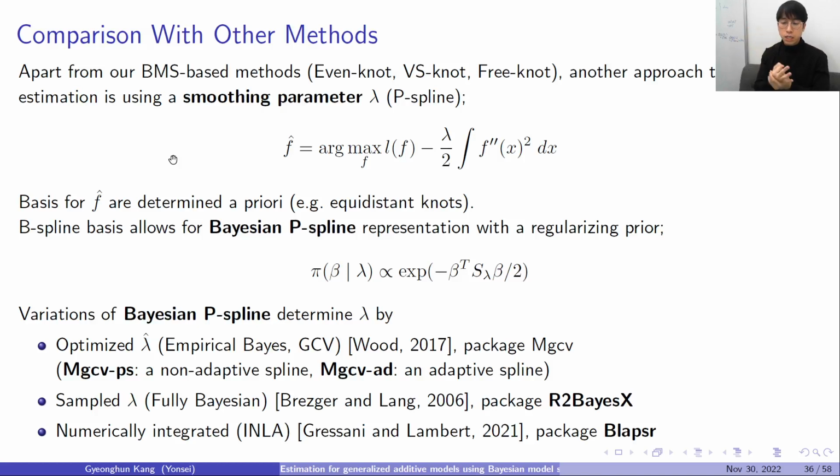There are three packages out there that differ in how they determine the smoothing parameter. The MGCB uses the optimized value of lambda, the smoothing parameter, either by using empirical Bayes or cross validation, or the R2BayesX samples the lambda, which is a fully Bayesian method, or the BLPSR, which is relatively recent, integrates out the lambda and samples from the marginal of the beta posterior, right?